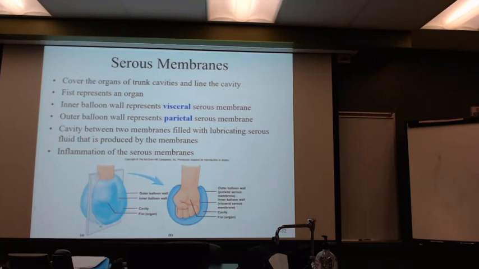The example that they're giving is taking an organ of the body. For example, the heart. The heart, like they're trying to show with the fist, and then a balloon. If you have a balloon, you put your fist down in it, the part of the balloon that is encountering the skin of your fist, that balloon is right next to it. There's no space, okay? But then the rest of the balloon is just round.